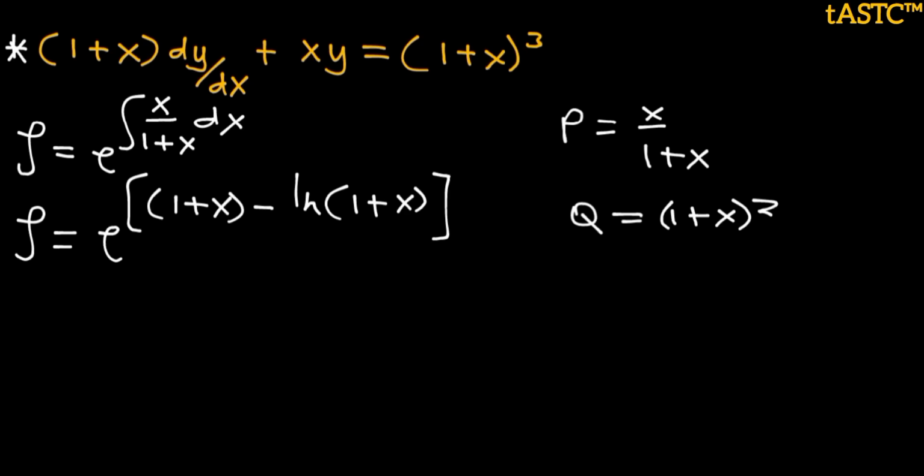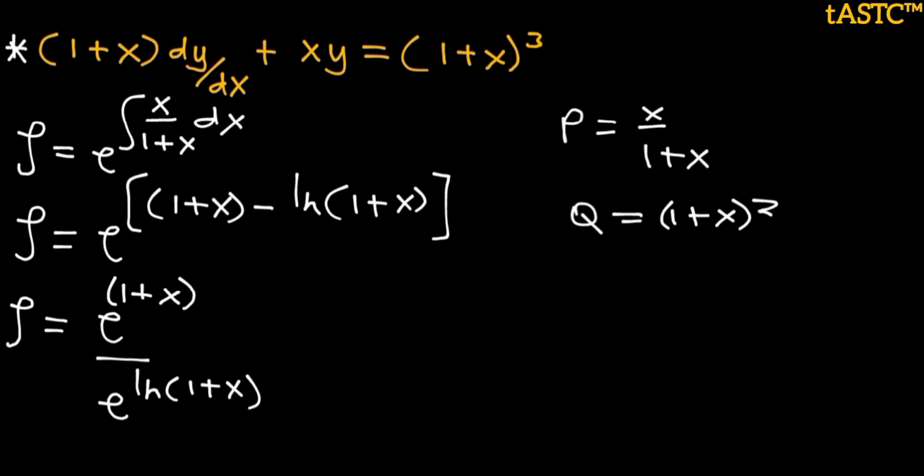Now from the laws of indices, we could split this and have rho equal to e to the power of 1 plus x divided by e raised to the power of ln 1 plus x. Now we already know that e could well cancel ln, and that will take us to e to the 1 plus x divided by 1 plus x.